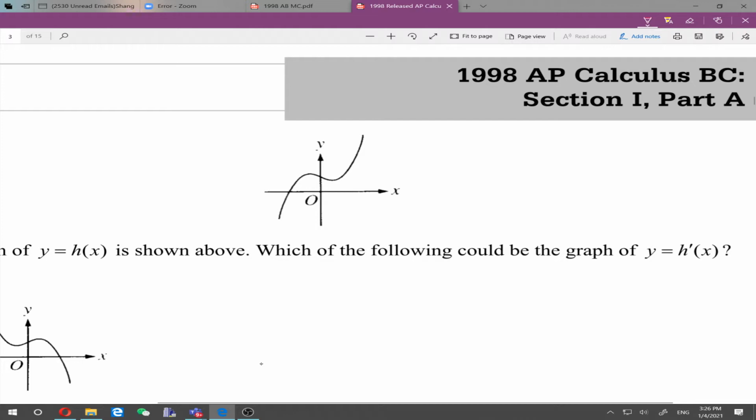Okay, we start out positive from here to, I'm going to say point A, point B and point C. So from negative infinity until point A, our slope, which is h prime, should be positive.